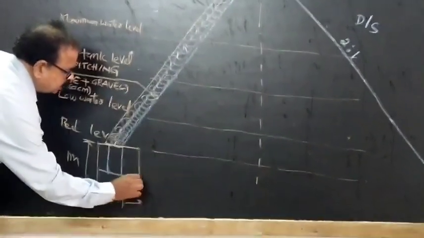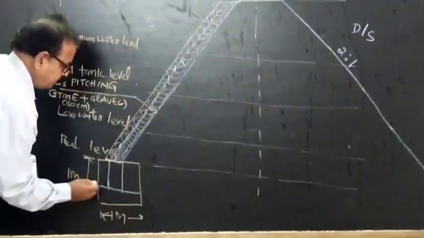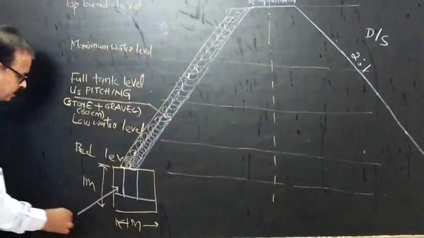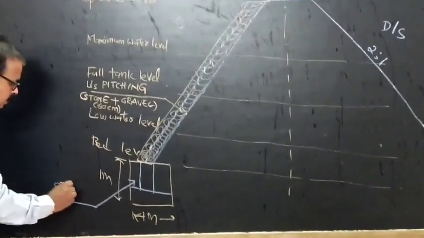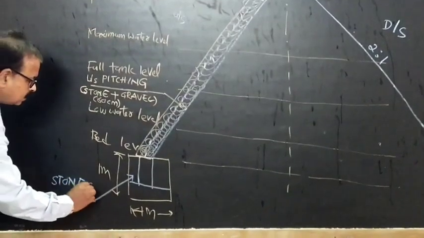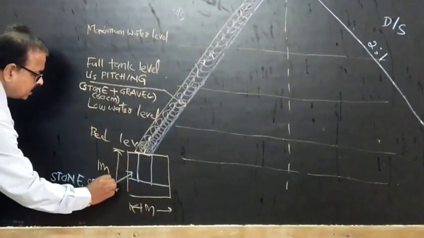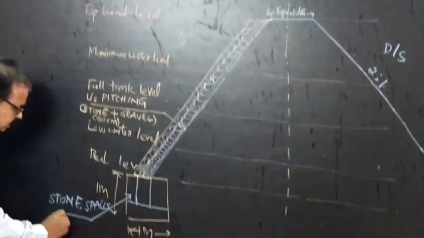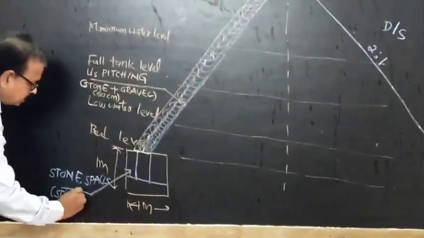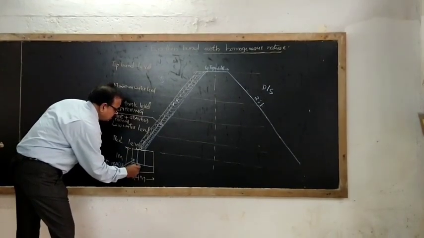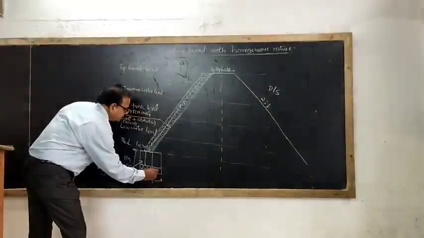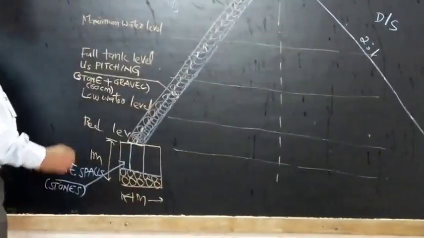They are known as stone spalls. They are nothing but stones also, filled with solid stones below to strengthen the upstream side pitching.